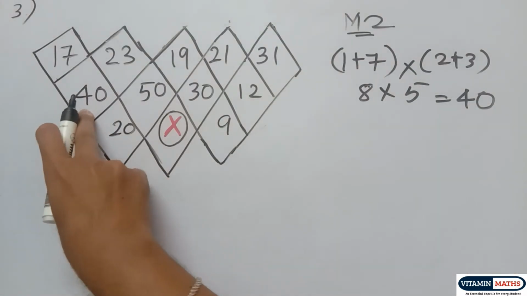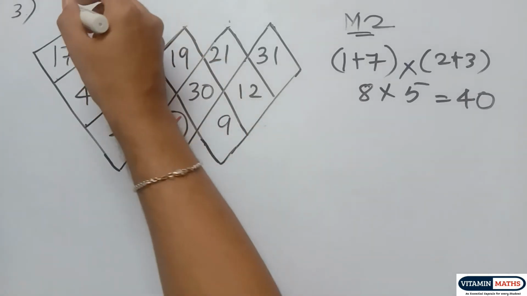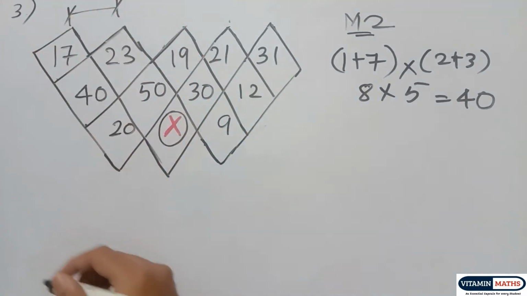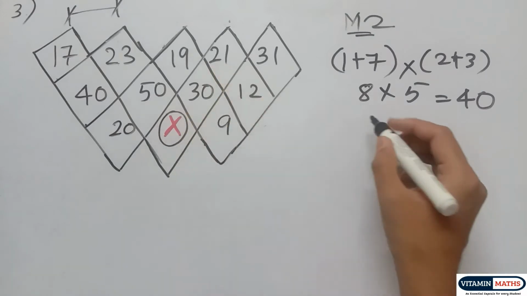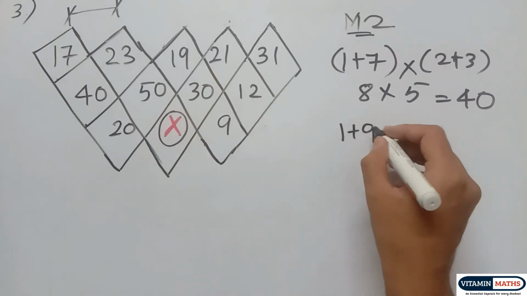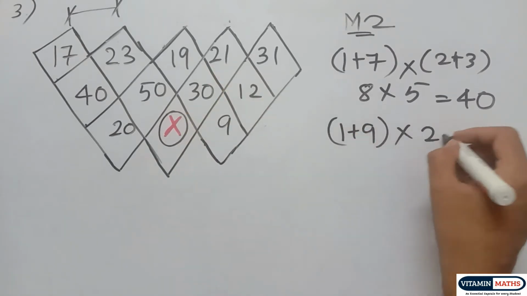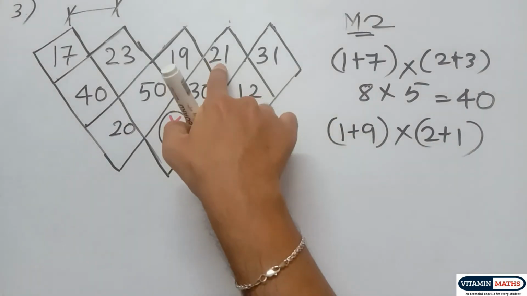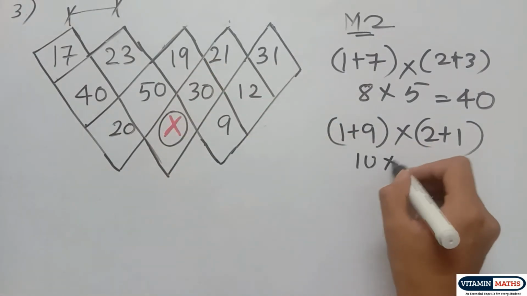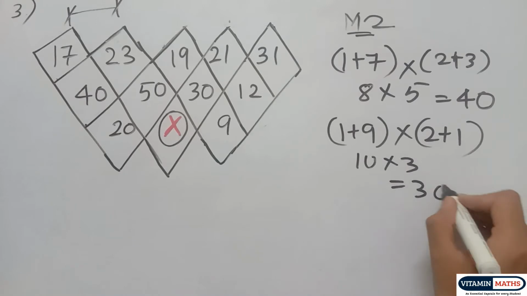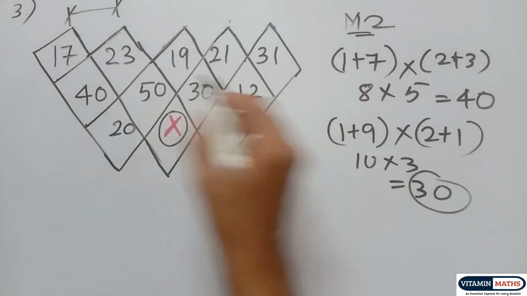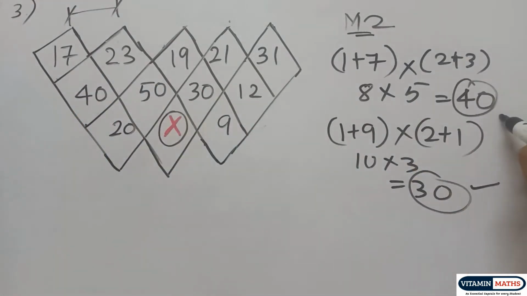Now again the same thing, (1 plus 9) into (2 plus 1), that is 10 into 3, that is 30. We have got 40 here and 30 here.